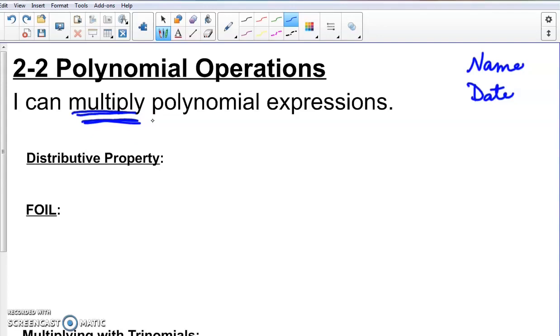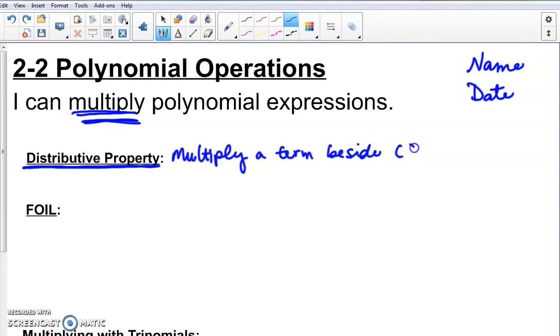Now our first term we're going to look at today is our distributive property. So distributive property is when we multiply a term beside a parenthesis to all terms inside parentheses.